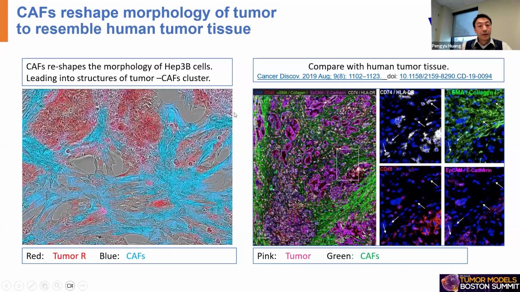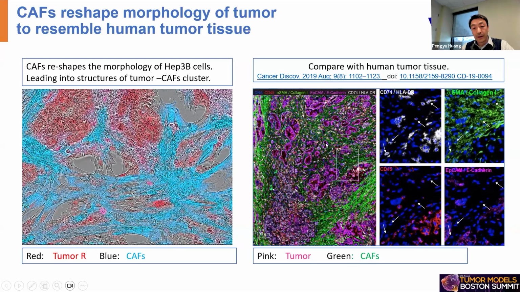Very interesting: if you culture the tumor with CAFs for a longer time, this is 4 days, they will form clusters. You can see the red tumor surrounded by the CAFs. This structure is very interesting. It's very much like the right side, which is actually real tumor tissue showing CAFs and tumor. The tumor is purple and the CAFs are green.